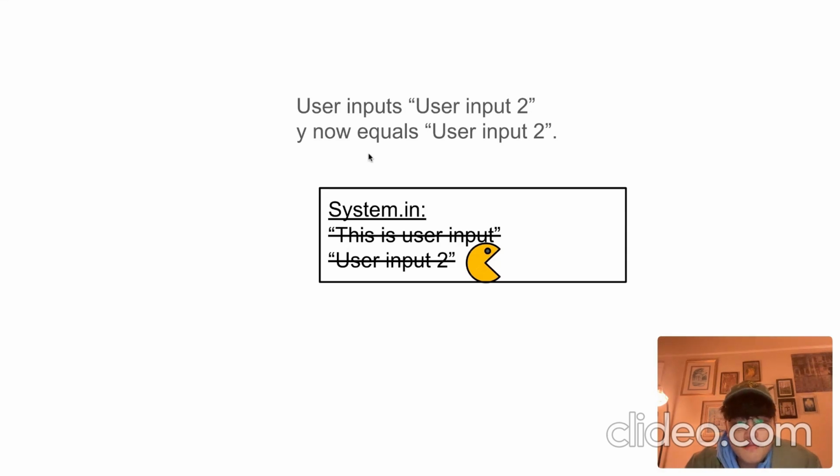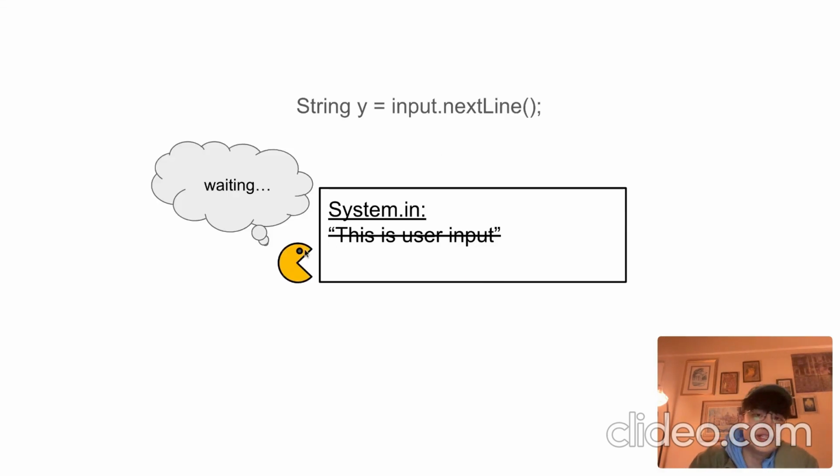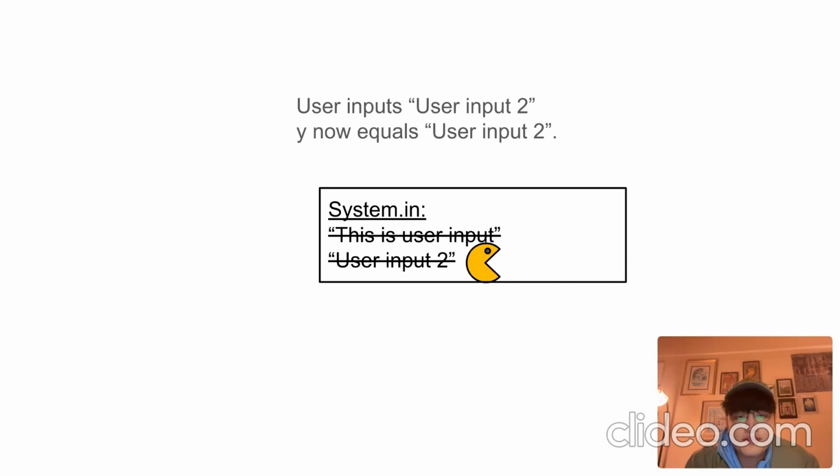If the user were to input this string right here, "user input 2," now Pac-Man is going to be like, hey, there's something to eat now in this line. I can execute this order you gave me to eat up until the end of the line and return what I found. So after the user inputted, he's going to be like, oh, I found something to eat, and then eat the line. He ate the line here. Now y equals "user input 2," which was inputted.